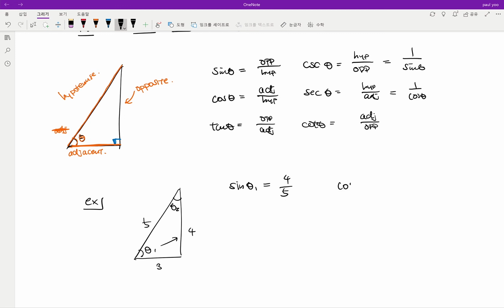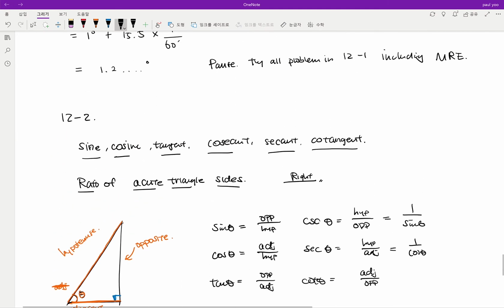And cosine of angle 2 is also going to be 4 over 5, since from the view of angle 2, 4 is adjacent and 5 is still the hypotenuse. You can probably figure out the other trigs.